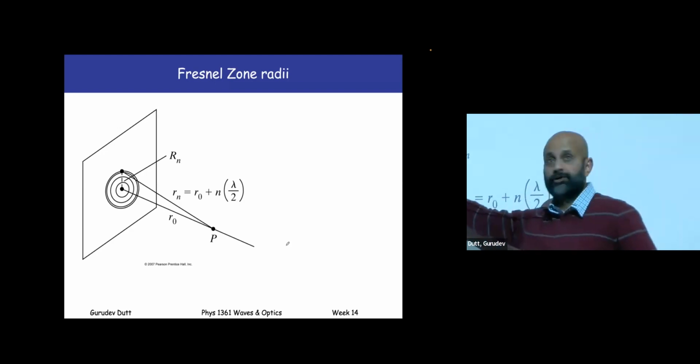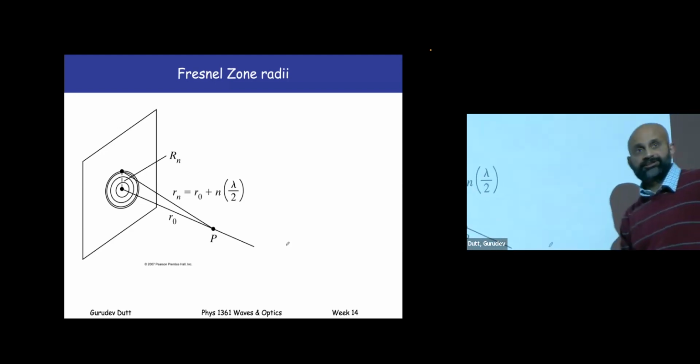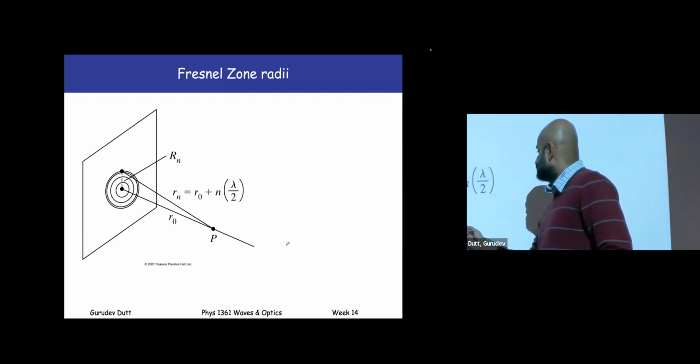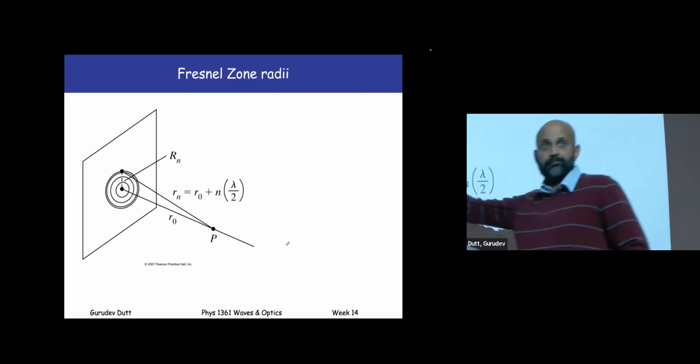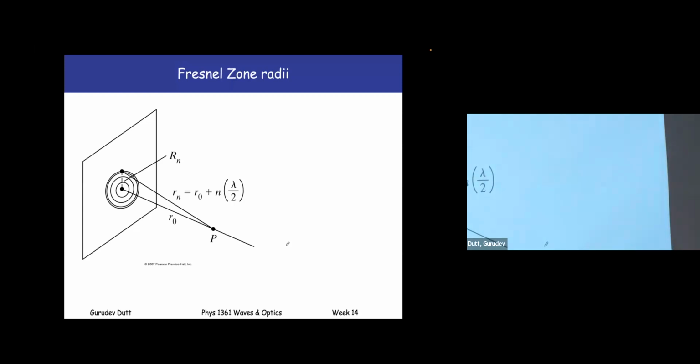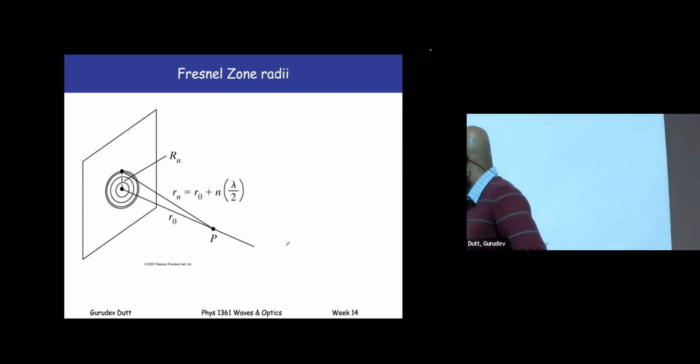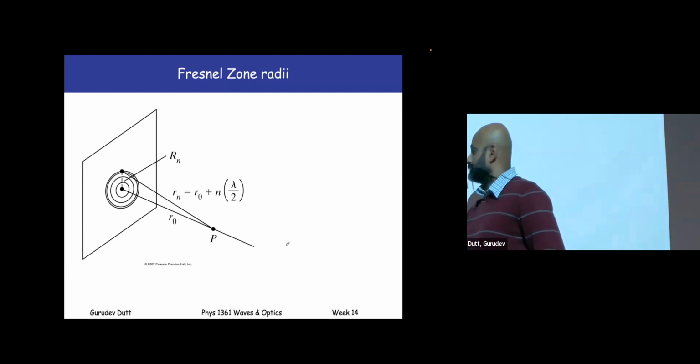So the nth Fresnel zone, again, every adjacent zone is out of phase by a phase difference pi. So this one, nth zone, will be out of phase by N times pi or N times lambda over 2. So that's the distance. So the intersection of these two is where the nth Fresnel zone is located.